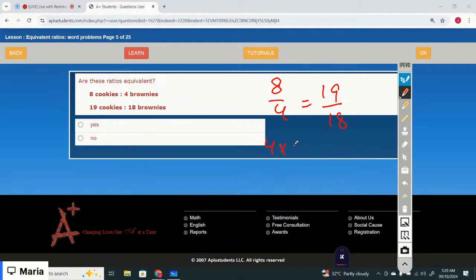That is 4 times 19 equals 8 times 18. 19 times 4 is 76 and 18 times 8 is 144, they are not equal, right? So that means no, these ratios are not equivalent. The correct option is no.